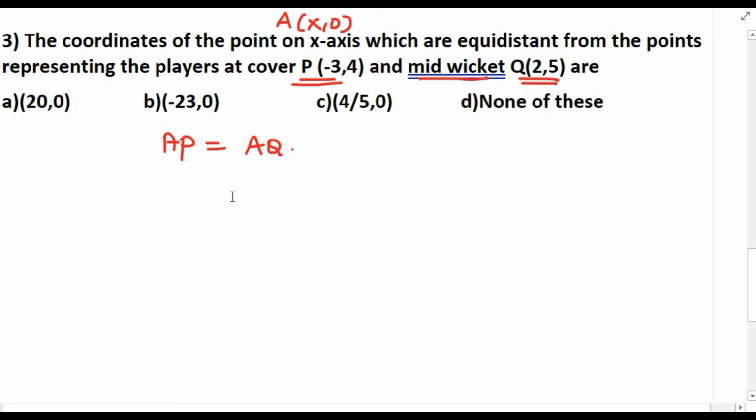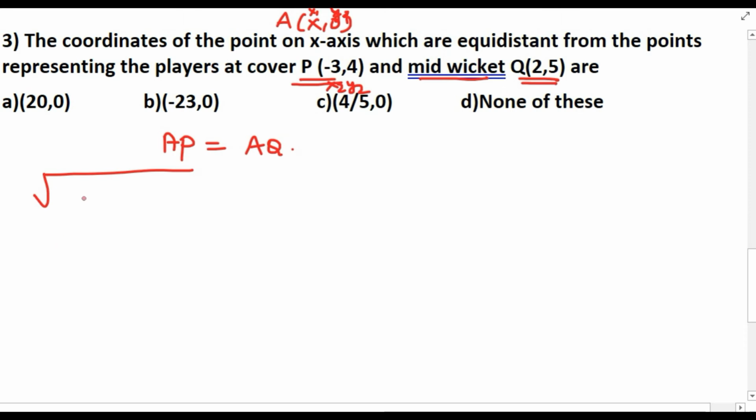So now we need to find the coordinates of the point A. The only thing we know is that it lies on the x-axis and is equidistant from the points P and Q. So AP is equal to AQ. Again we use the distance formula. Here this is x1, y1, and this is x2, y2.